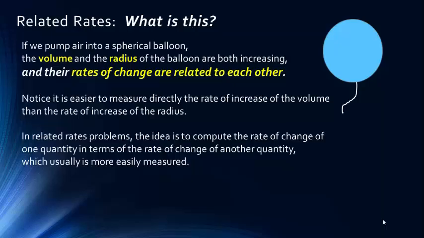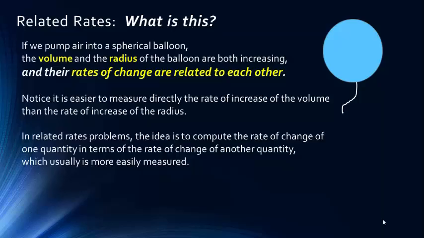So here, if we figured out how the volume was increasing, we could then use a formula to figure out how fast the radius is increasing as that volume is increasing at a certain rate. This is the idea of related rates, that the volume is related to the radius.